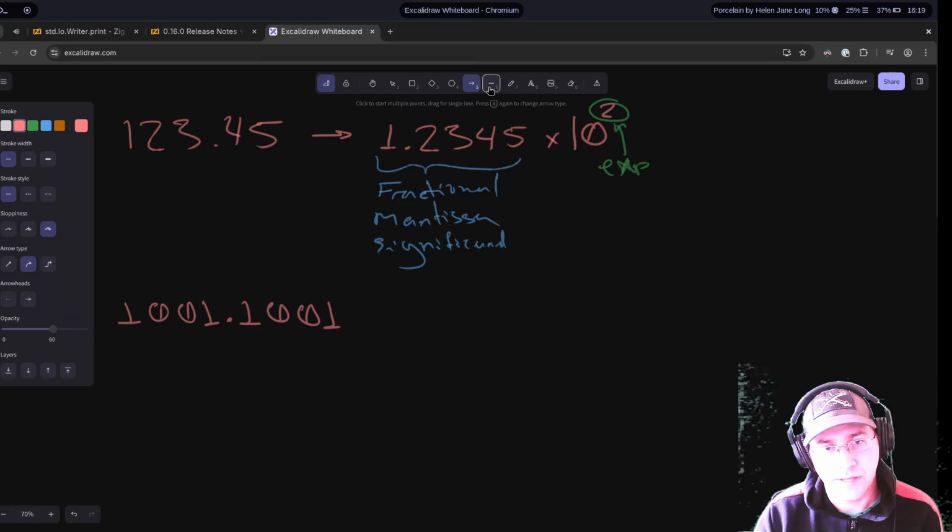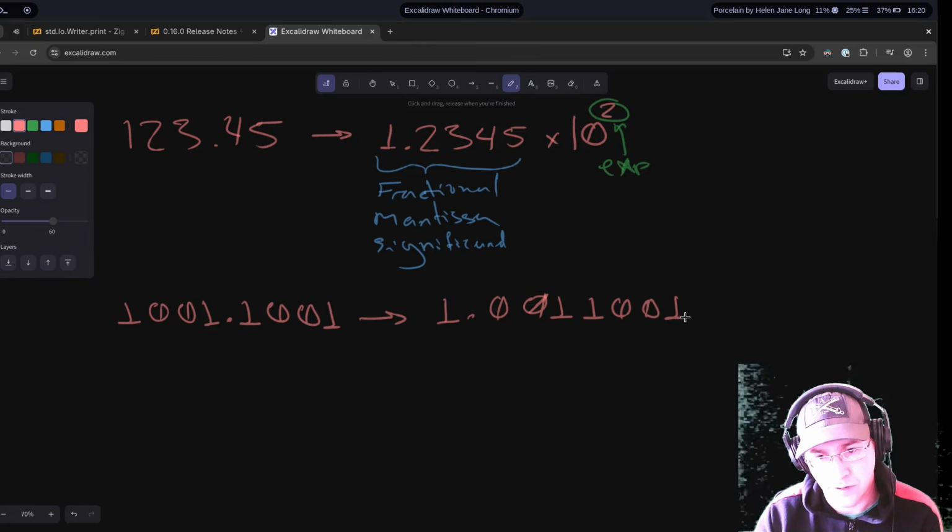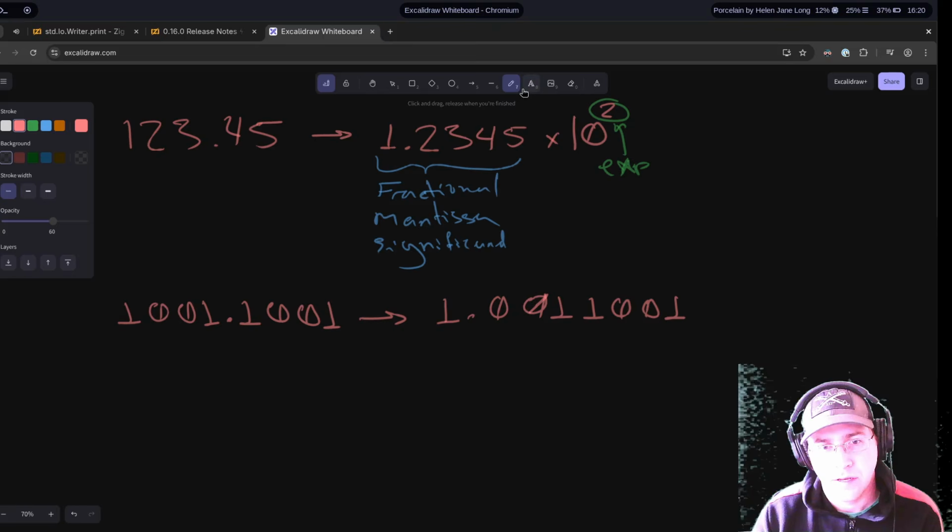But we could represent that in a scientific notation standard like this: 1.0011001. Okay. And then we're going to multiply it by some exponent. And what are we going to do?